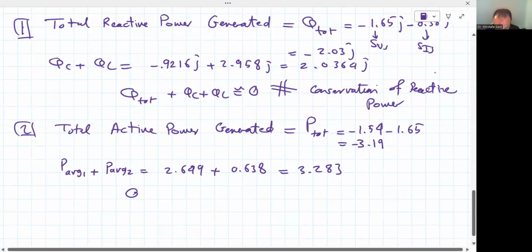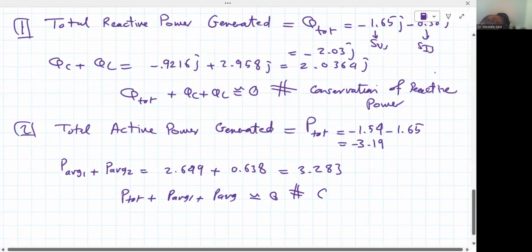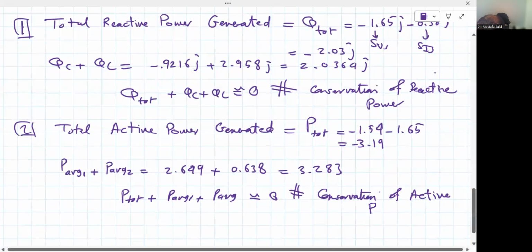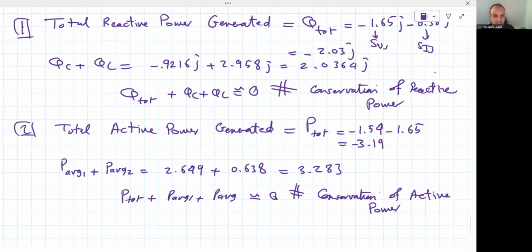So P total plus P average 1 plus P average 2 is almost 0. That is conservation of active power, meaning the total active power generated is the total active power consumed in the resistances.